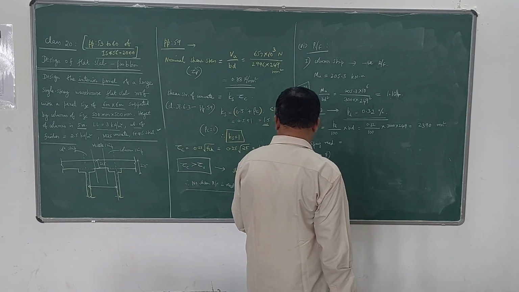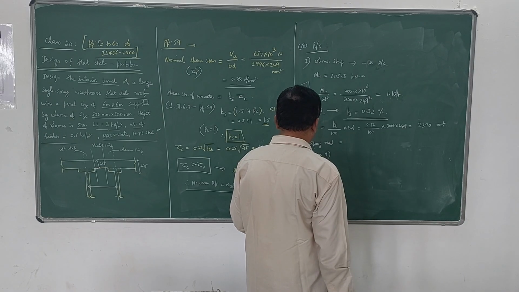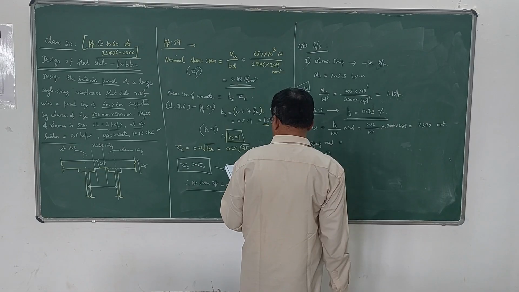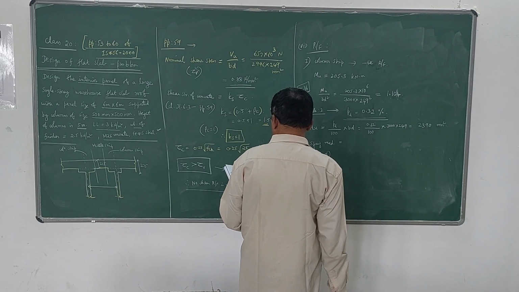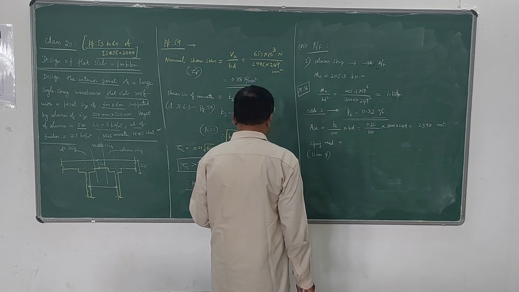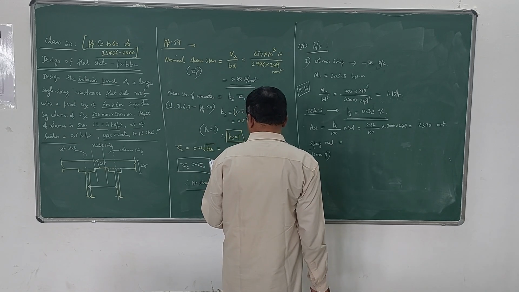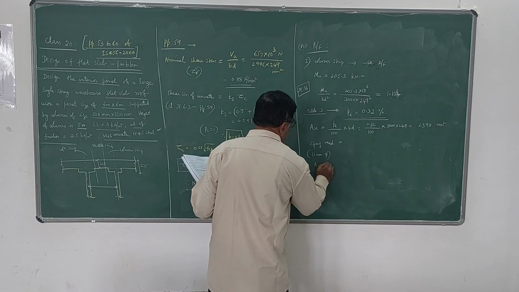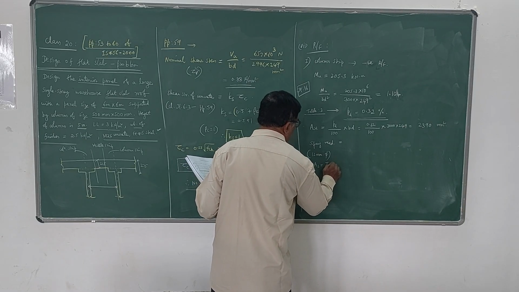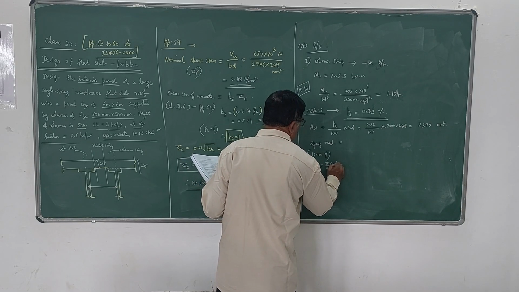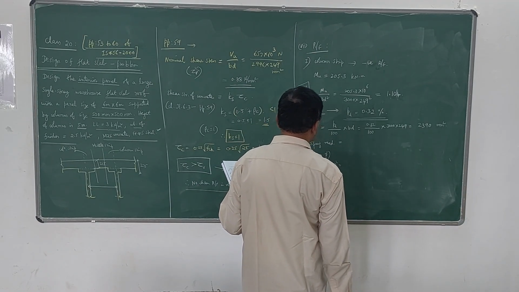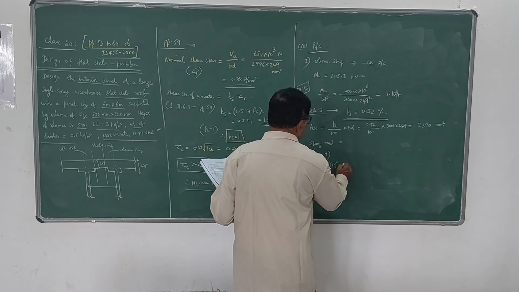What is the area of 1 bar? The area of 1 bar is 5/4 into 12 square, which comes to 113 millimeter square.